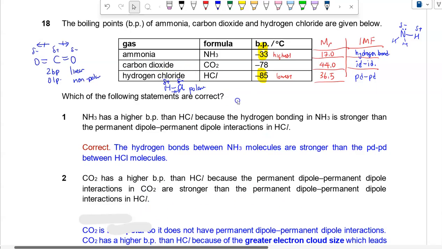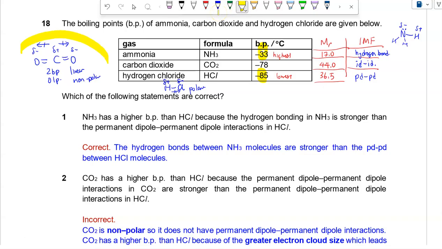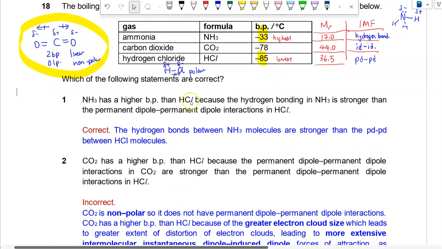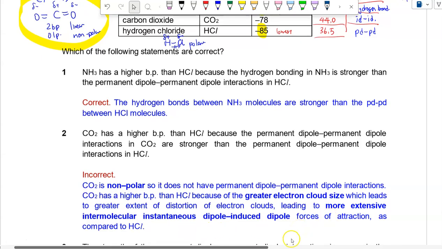So it's incorrect. Why? Because CO2 does not have any permanent dipole. Alright. So CO2 is non-polar, as I explained earlier on, so it only has your ID. Okay, the reason why CO2 has a larger boiling point than your hydrogen chloride is largely due to its larger size of electron cloud. Alright, which leads to more extensive ID.